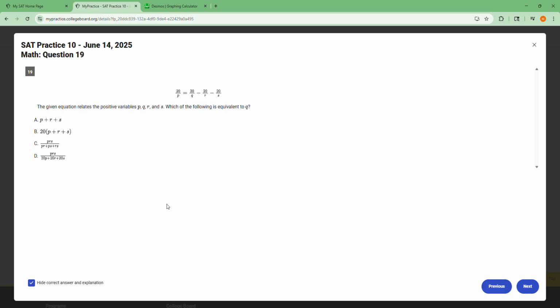Aren't those all divided by PRS now? Shouldn't you have multiplied this first term by RS over RS? Yes.